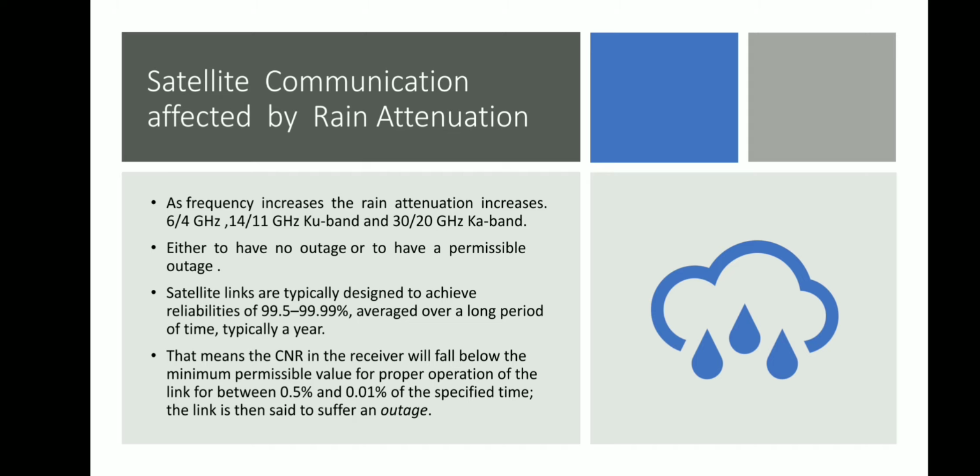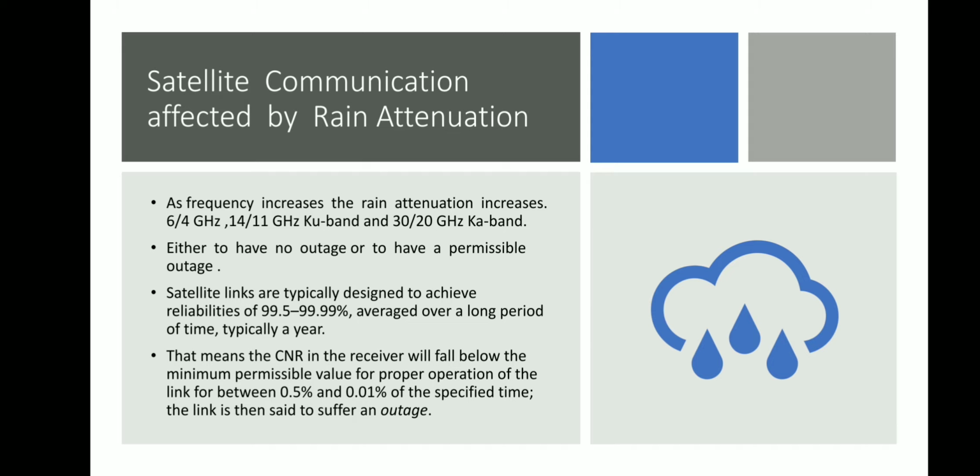So either we can design a system which has no outage, or an outage which is in the permissible limits, or the tolerance. We can define that tolerance here. We can say that, okay, we are fine with 0.01 percentage of outage in a year. This way we are in a position to actually define the tolerance level with respect to these outages.